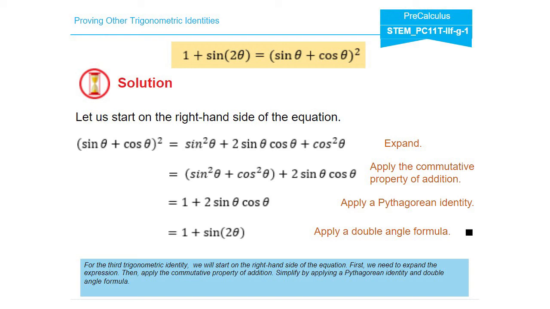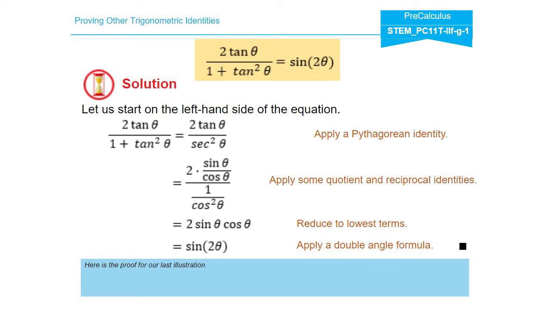So applying the commutative property of addition, we can write together sine square theta plus cosine square theta. Okay? And then as you can see, we can apply the Pythagorean identity in that group. So it will be simply 1. So now we have 1 plus 2 sine theta cosine theta. And we can apply the double angle formula. So now we have 1 plus sine 2 theta.